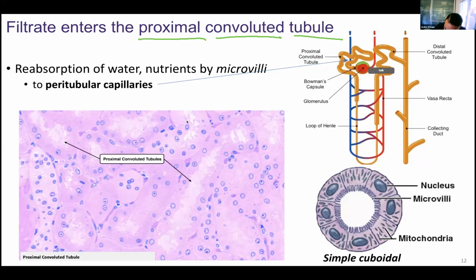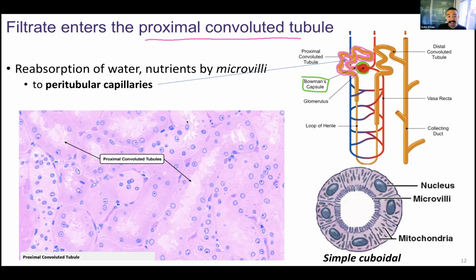What I'm coloring in green, that's the Bowman's capsule. What I'm coloring in pink, this is the proximal convoluted tubule. As you can see, it's very twisty.